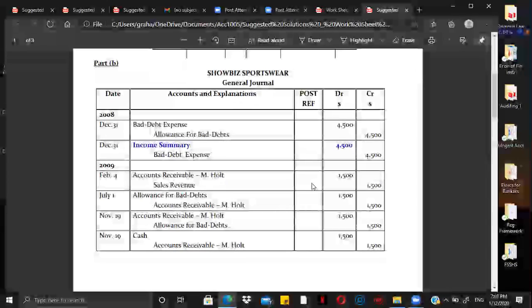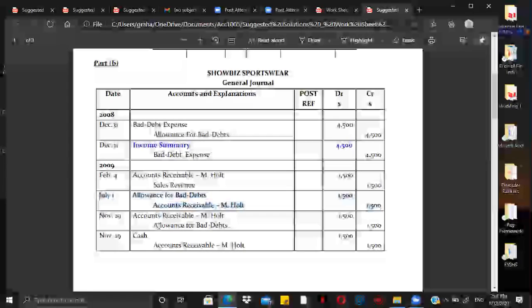We're taking it out of accounts receivable and we're also lowering our allowance because it is the allowance that is going to have to fund this bad debt. So if you're taking it out of accounts receivable, that means you're lowering your accounts receivable, thus crediting it 1,500. You're also, as I explained above, decreasing your allowance. So decreasing your allowance, which is a credit account, you do the opposite, which is debit 1,500.